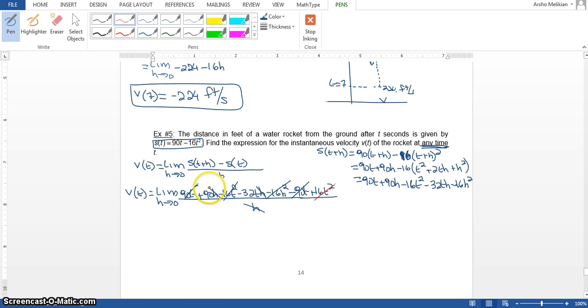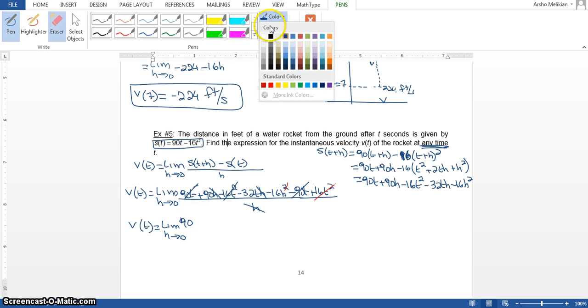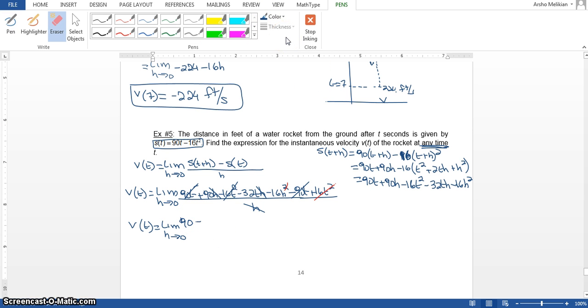So v of t is the limit as h approaches 0 of 90, minus 32t, minus 16h.